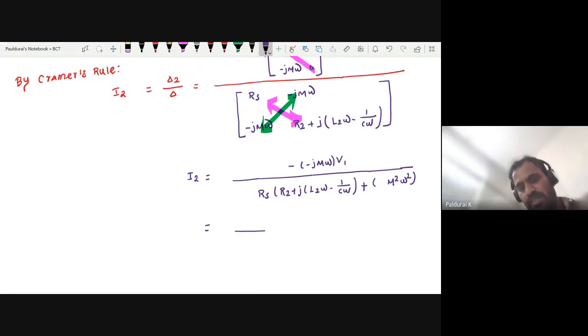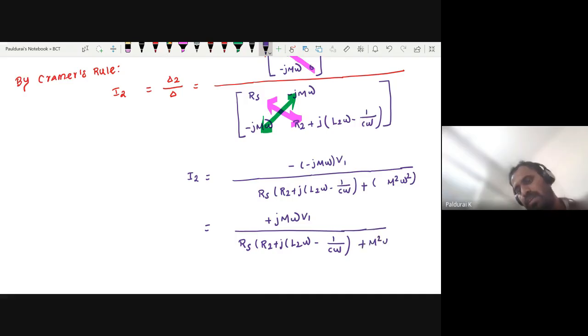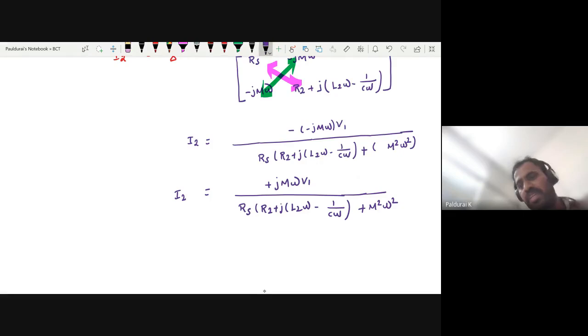Let me write one more equation: minus minus becomes plus, so I2 equals j m omega v1 divided by Rs times R2 plus j L2 omega minus 1 by c omega plus m squared omega squared. This is my I2. Take this as equation number 2.